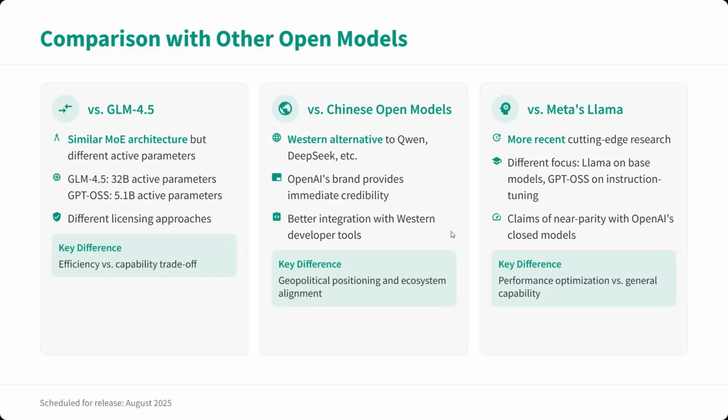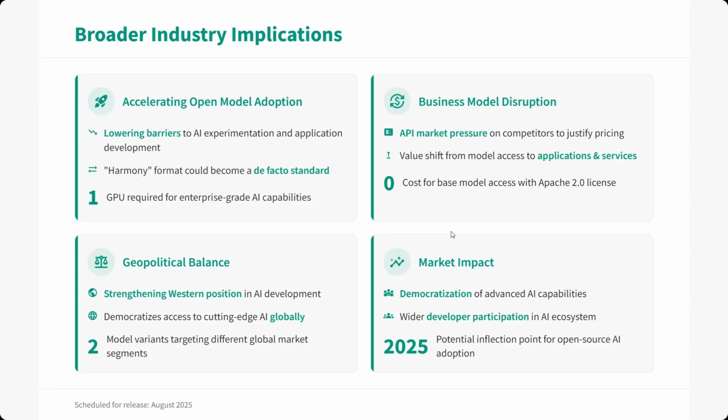It wanted most US organizations to use OpenAI instead of DeepSeek and Chinese models, and it's competing with Meta's Llama, because OpenAI has seen more focus recently on how Meta is acquiring AI brains to build open source AI.